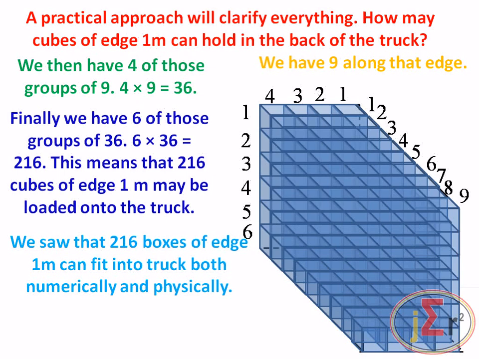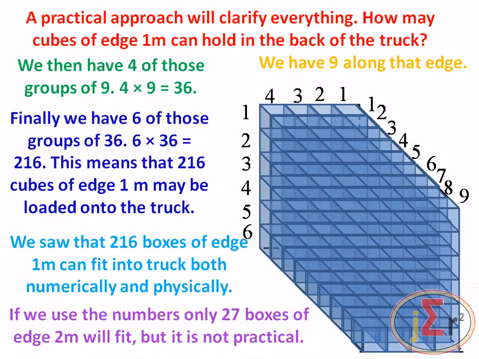When we did the calculation by dividing 216, which is the volume of the back of the truck, by the volume of the cube, we got 216. And when we load them into the back of the truck physically, practically, we got 216, which does not come as a surprise to us.